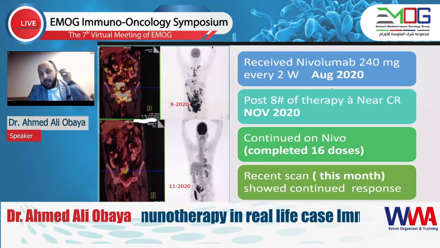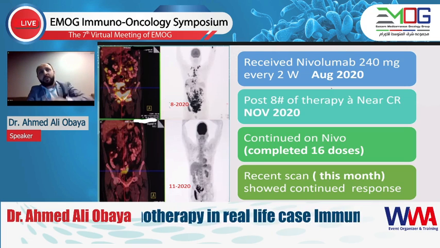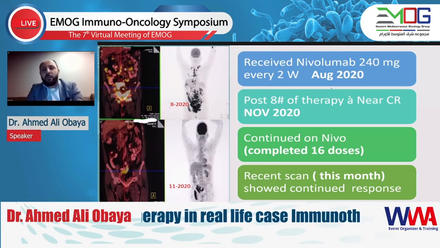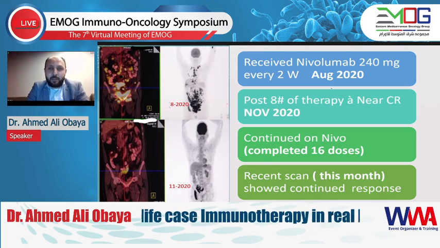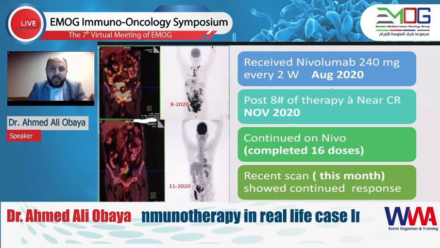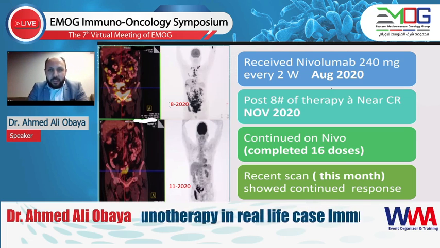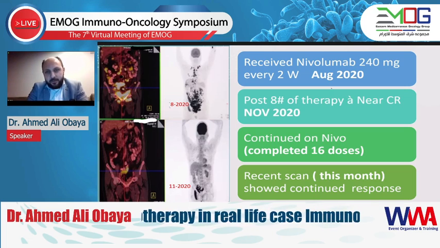Yes, because I had long experience with urothelial carcinoma at that time with Nivo, because it's the first PD-1 inhibitor present in Egypt, and we had more experience at the time of this case. Not only that, but in the second line we have multiple options for PD-1 or PD-L1 inhibitor.